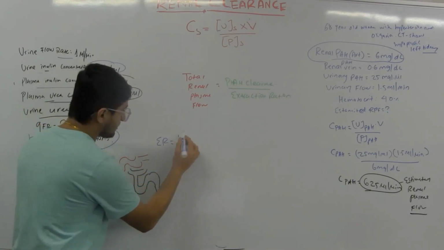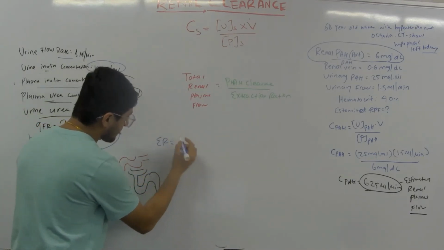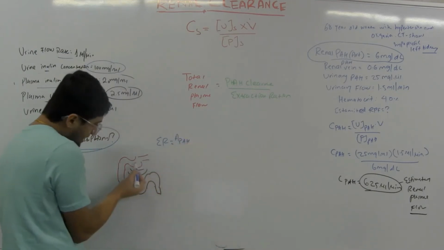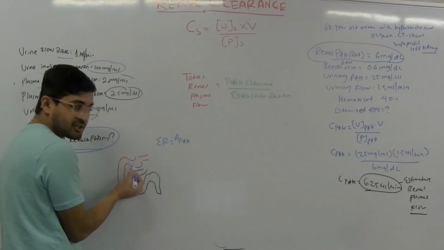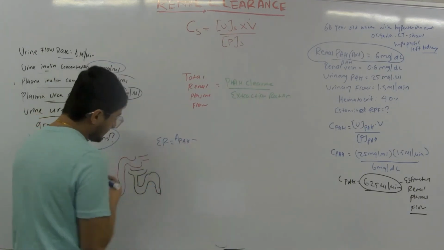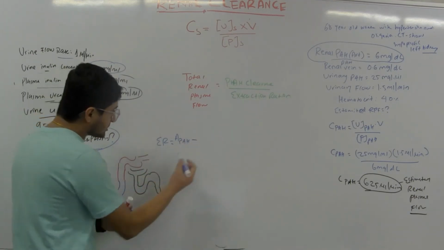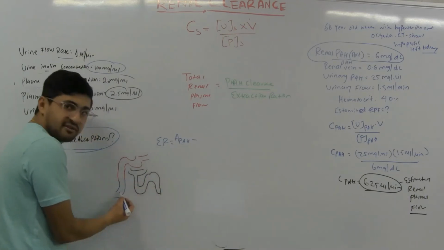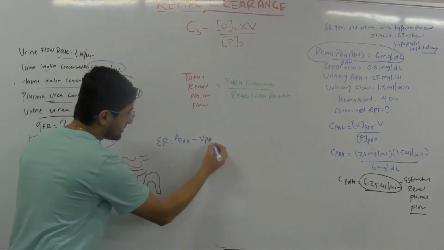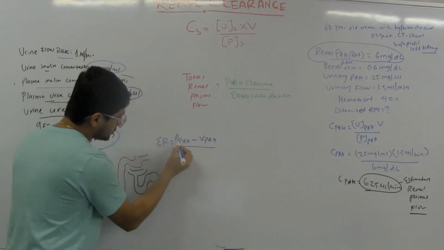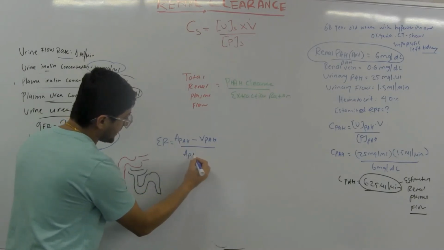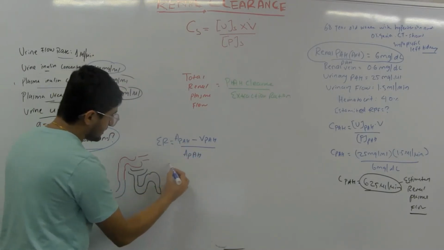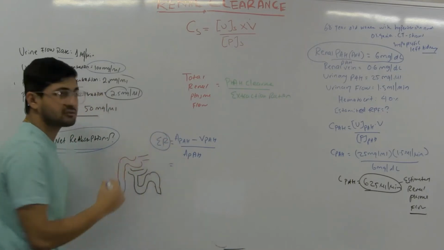Let's write down the arterial PAH concentration, minus the concentration of the PAH on my venous side, the venous PAH, divided by the arterial PAH concentration, and that will give you the extraction ratio.